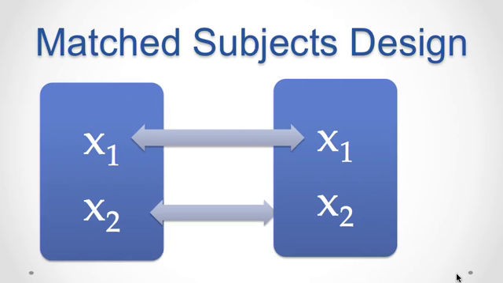Each trait or characteristic is inherent to the participant. There is no need to measure this in order to pair participants. Pairs of identical twins or brothers, for example, are paired together naturally.